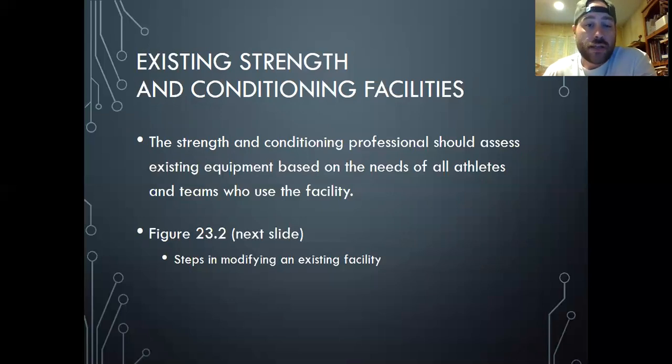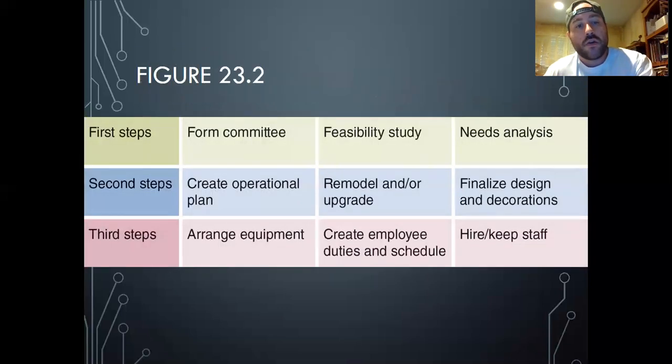You assess the equipment and make sure that the equipment's going to be usable based on the needs of all the athletes and the teams who use the facility. Because you don't want to purchase things and then have to throw them out, essentially. You want to know what you're buying. You may say, I want the building, everything, and then this list of equipment that you have. Everything else can go. And then we'll see what you're going to do.